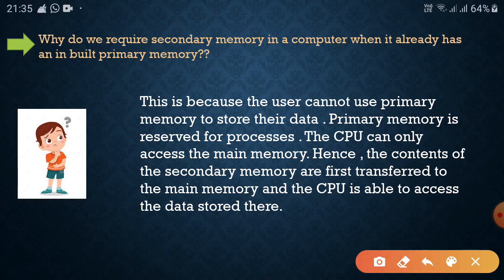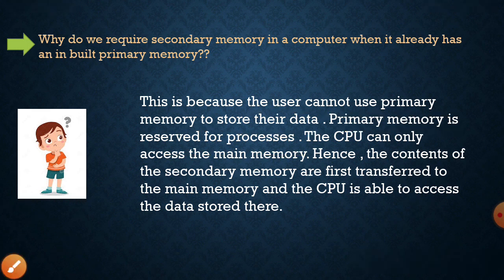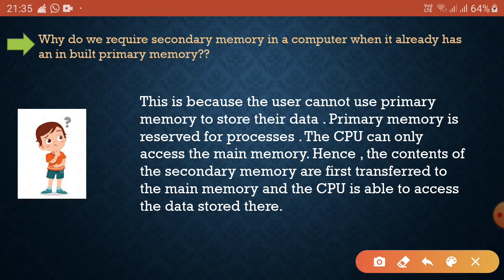Now the question is, why do we require secondary memory in a computer when it already has inbuilt primary memory? This is because the user cannot use primary memory to store their data. Primary memory is reserved for processes. So we cannot use the primary memory. The CPU can only access the main memory. Got it?